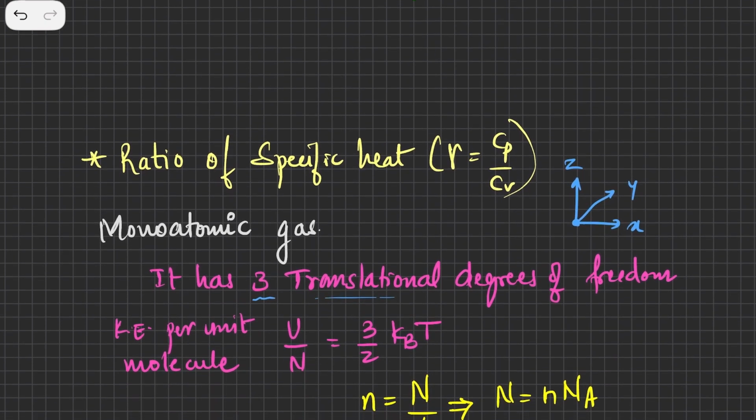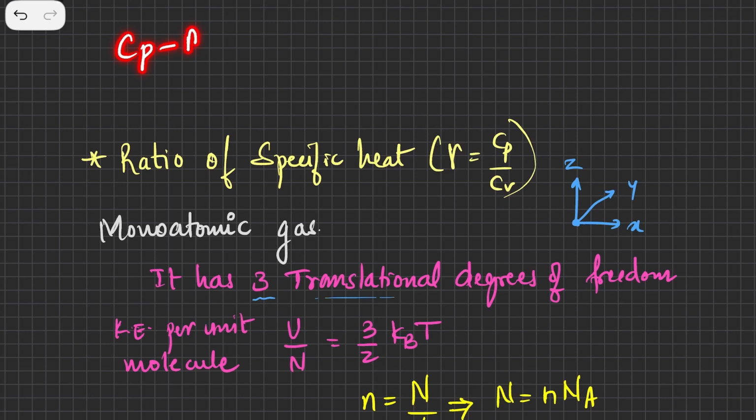So today we are going to start with the ratio of specific heat, which is written as gamma. Gamma is nothing but the ratio of specific heats, that is Cp upon Cv. Now what is this Cp?